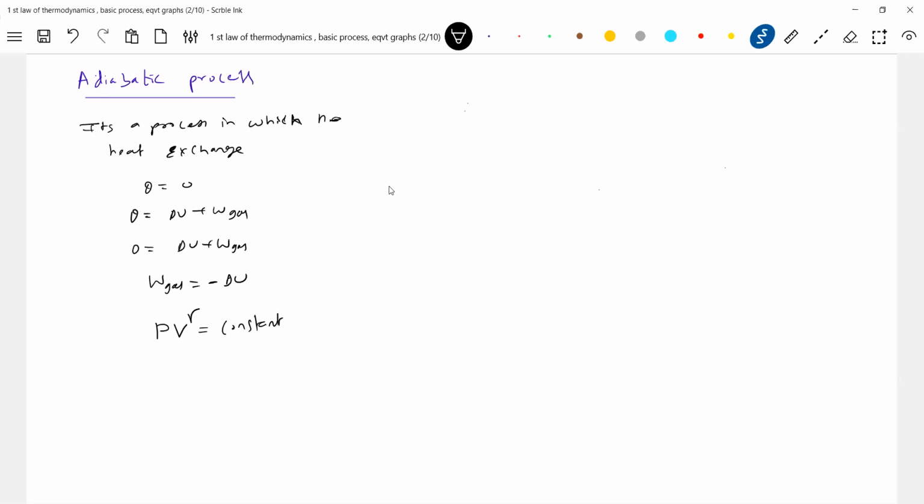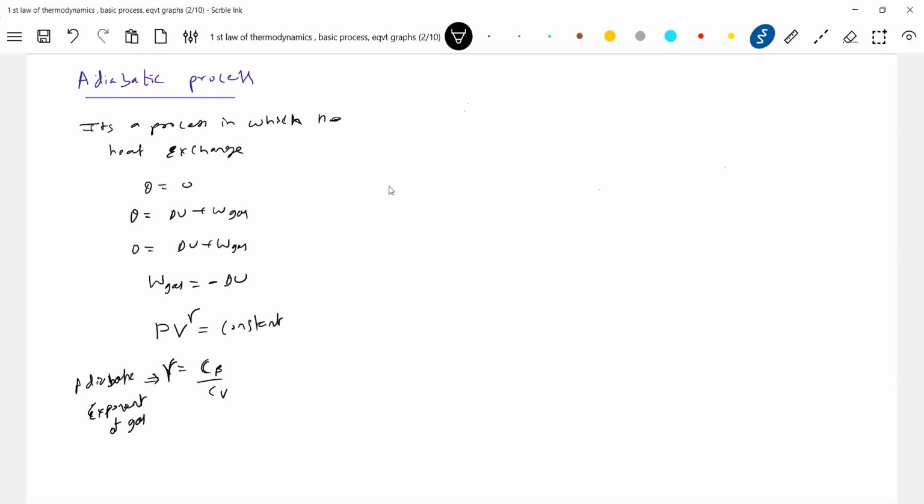PV to the power of gamma equals constant. What is gamma? Gamma is Cp by Cv. I think you might remember, it is called the adiabatic exponent of the gas. So for an adiabatic process, pressure and volume are related by this equation.